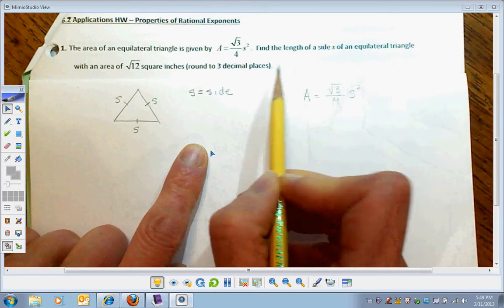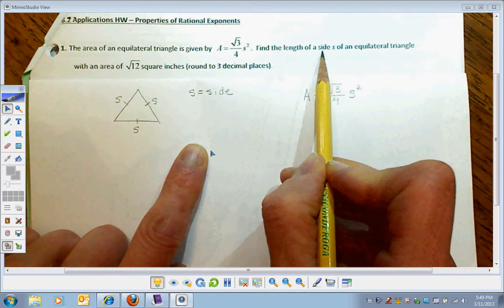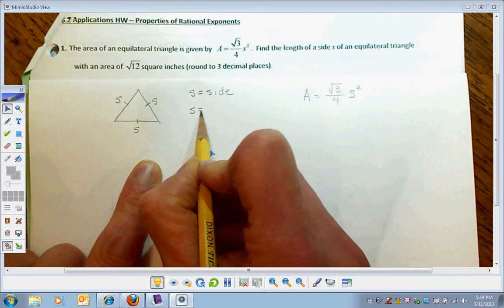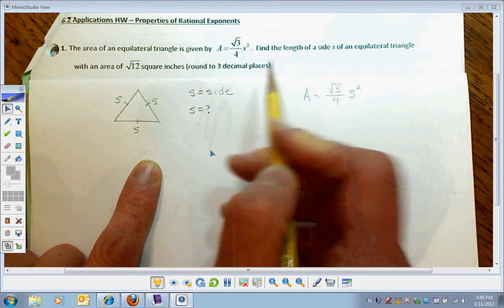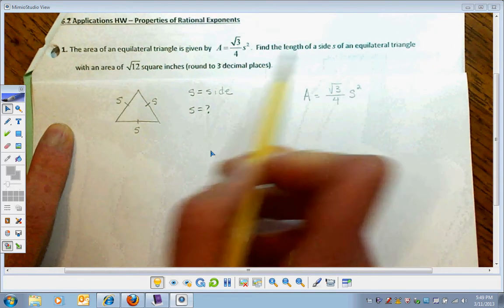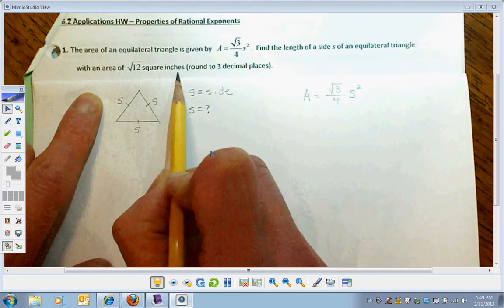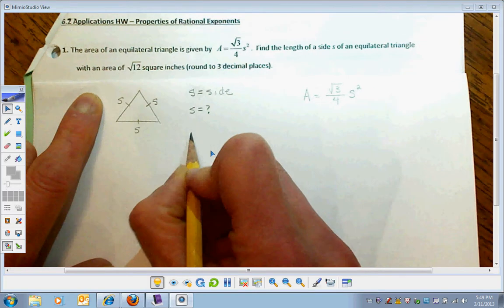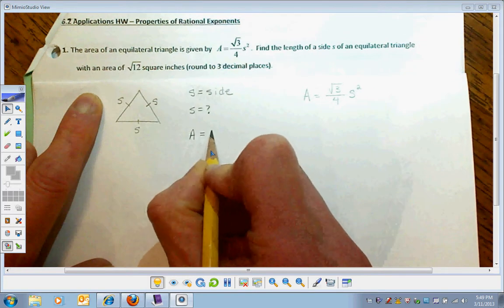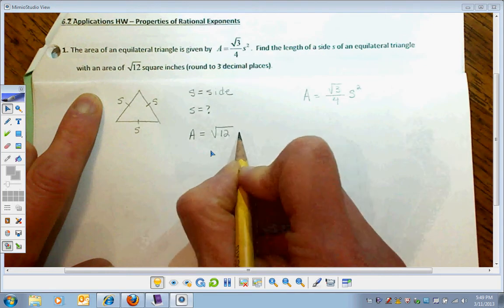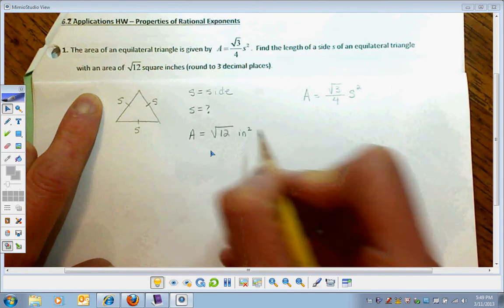So what have they given us? They want us to find the length of the side. So we don't know what s is. Of an equilateral triangle with an area of the square root of 12 inches squared. So that means the area is the square root of 12 and we have square inches.